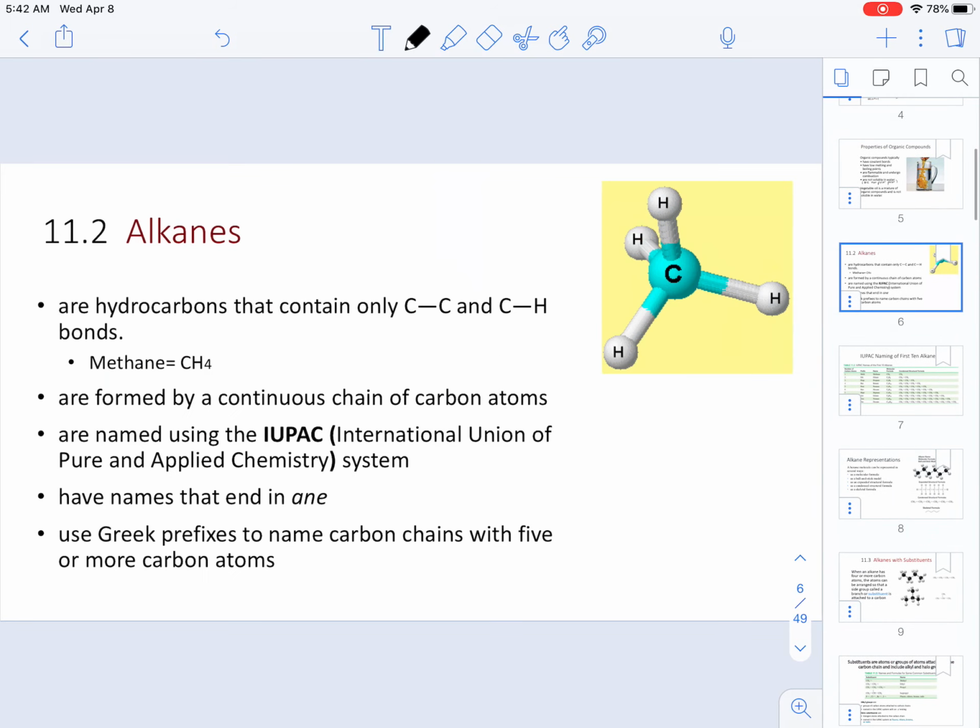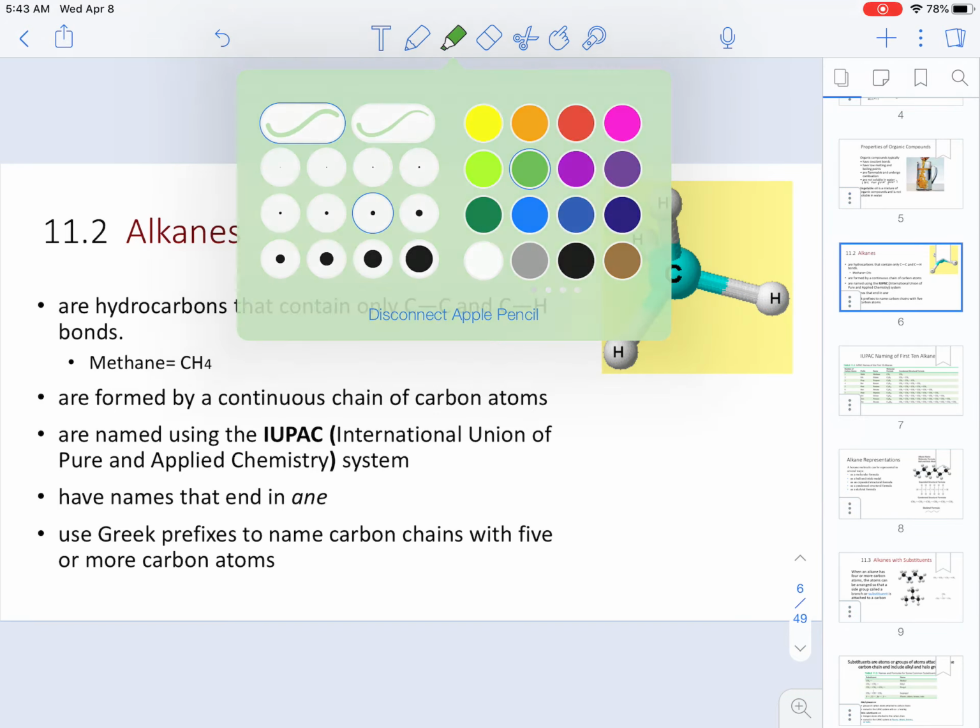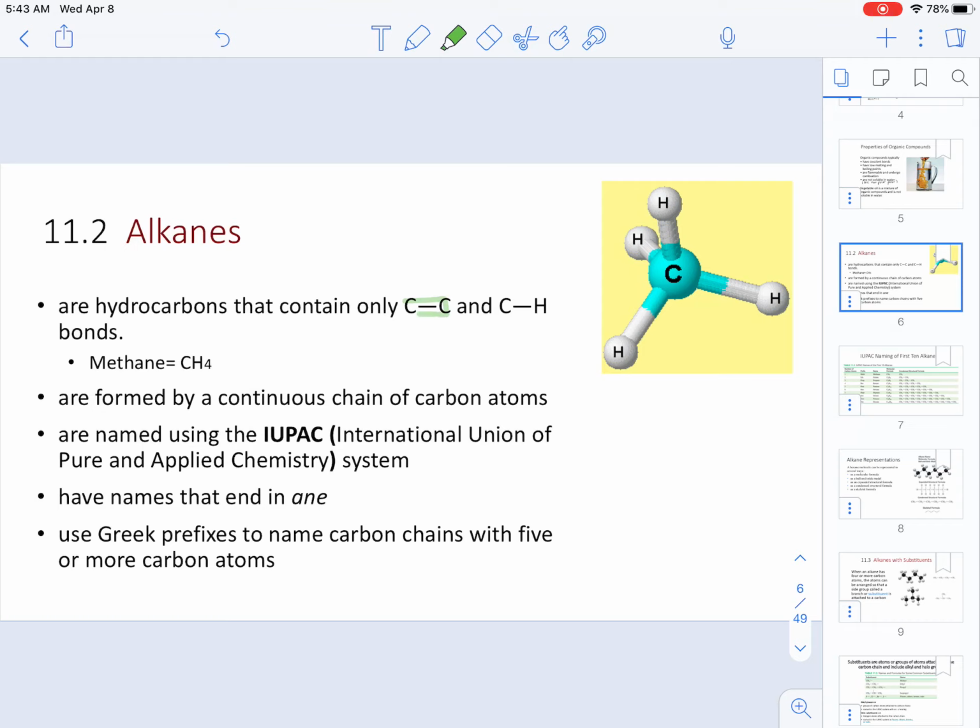Now, the first thing that we're going to be learning in this chapter is the first member of the hydrocarbon family, which is an alkane. So remember, alkanes are going to be hydrocarbons that contain only carbon-carbon single bonds and carbon-hydrogen single bonds, okay?